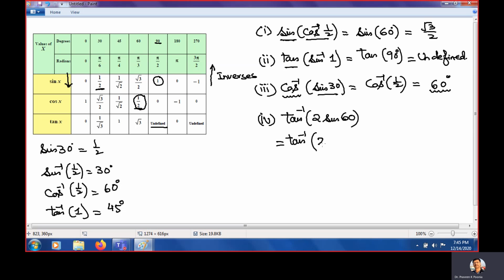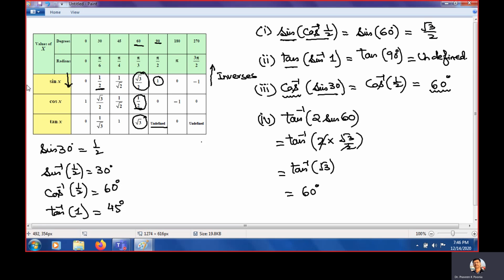Okay, 2 sine 60. What is the value of sine 60? Sine 60 is square root 3 upon 2. But you see, the 2 cancels. So what are we getting? Tan inverse square root 3. And what is the value of tan inverse square root 3? It is 60 degree. So the answer is 60 degree.